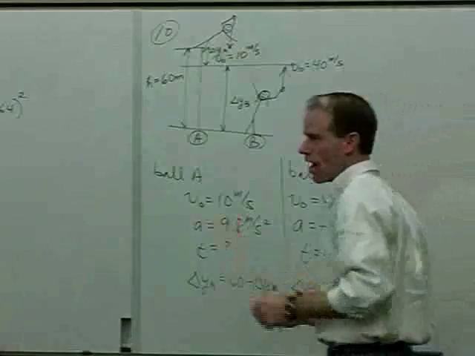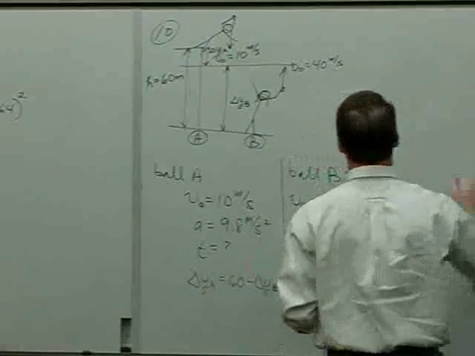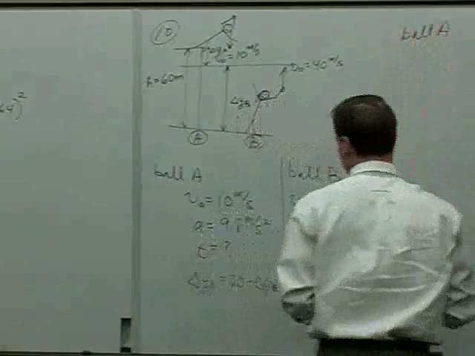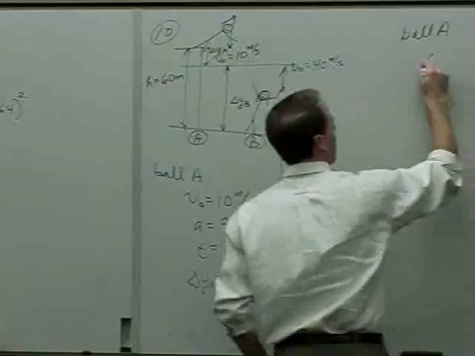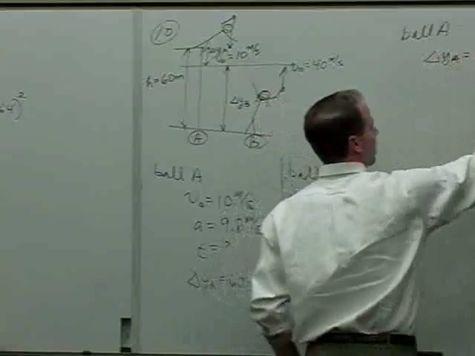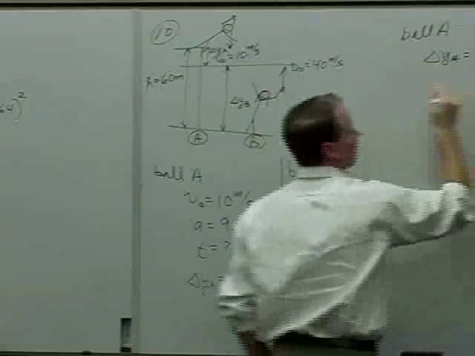So let's try and describe these two motions with equations. If I look at ball A, I would say delta YA is equal to initial velocity A times time plus 1/2 acceleration times time squared.